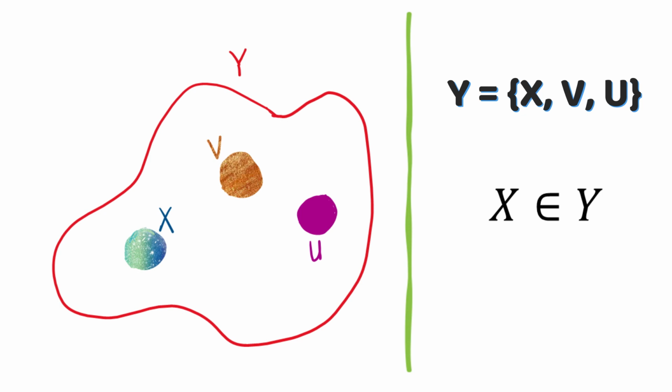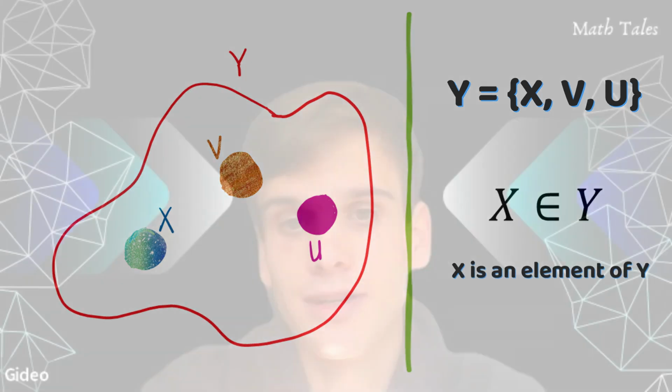And since we're going to be working with these collections a lot, we're going to term them sets. And we say one set X is an element of another set Y if it is in the collection associated with that set. So how do we use sets to now build other mathematical objects?